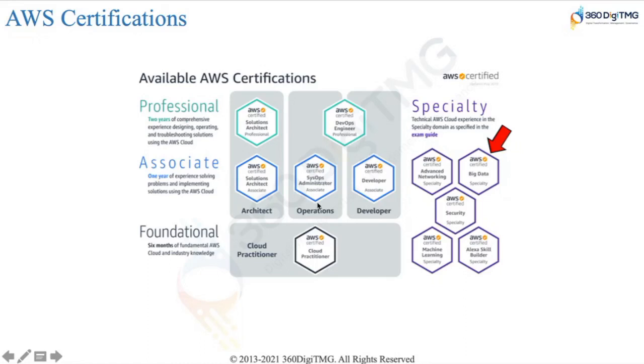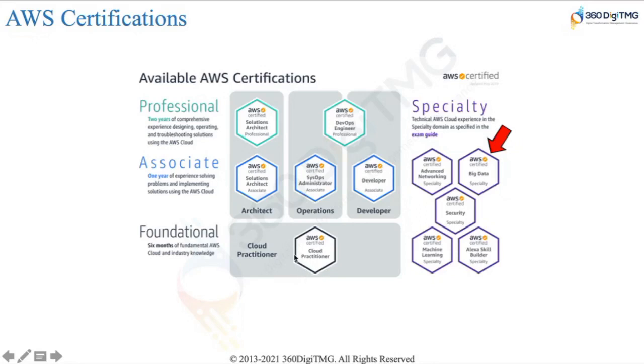And if you see here, for operations, there is SysOps administrator. For developers, the AWS developer certification is there, and at professional level, DevOps engineer is there. And this is the basic level.